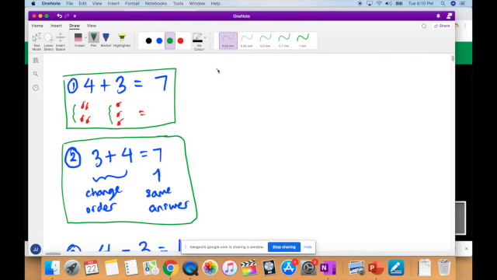I hope you guys are writing while I write, because I just go fast. If I had 3 plus 4 equals 7, can I say that, therefore, 3 is equal to 7 minus 4? Is this true?